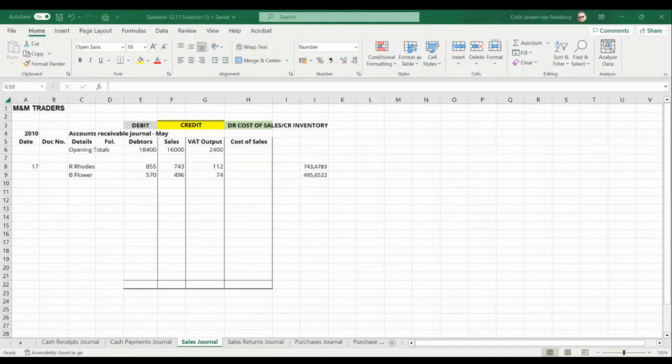They say we drew cash from the bank to pay wages, 4,500 rands. Now, there are two questions that spring to mind immediately. The first question is, which journal will that be recorded in?